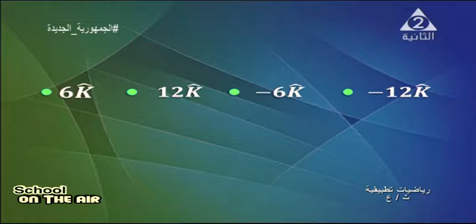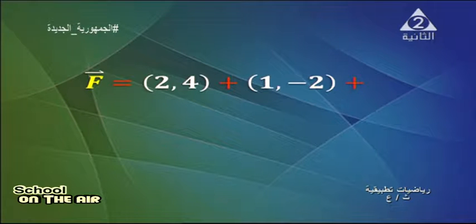Choose the correct answer. My dear student, we know that the moment about A equals R cross F, or we use the vector product in 2 dimensions. Look at the first, the sum of the forces.